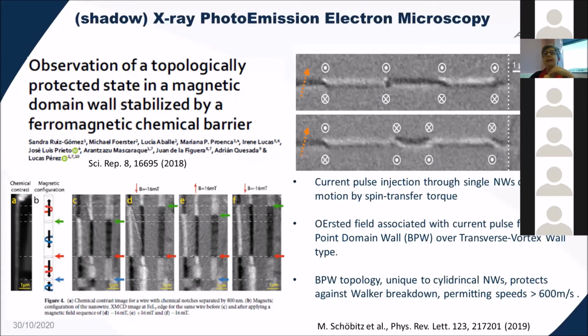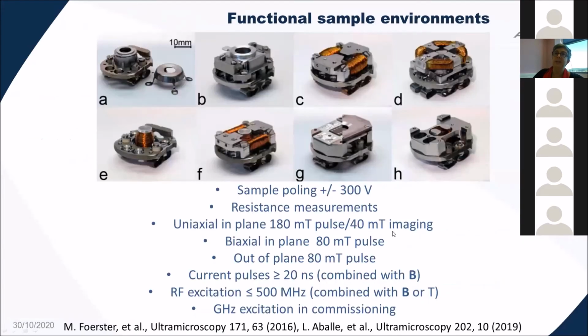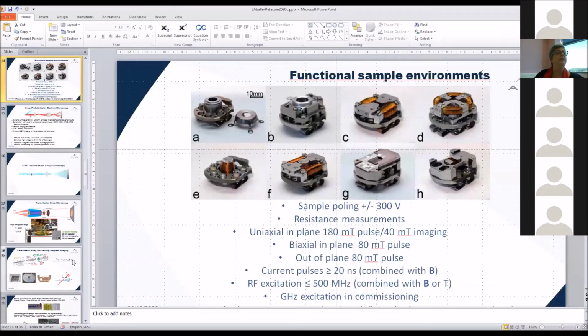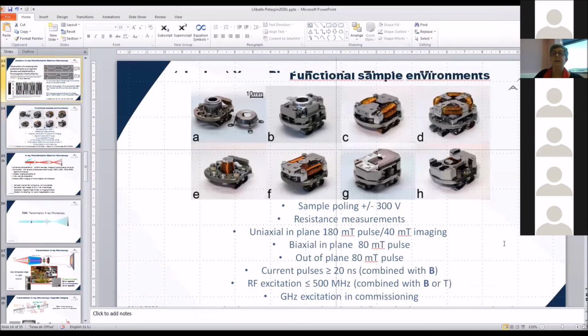It's not so hard to understand just from this, but from the statistics of many moving walls, the group around Olivier Fruchart in Spintec in Grenoble were able to demonstrate that, in fact, the Ørsted field associated with the current pulse favors that all walls transform into Bloch point domain walls once the pulses are applied, and this means the motion is not limited by the Walker breakdown as for 2D strips.